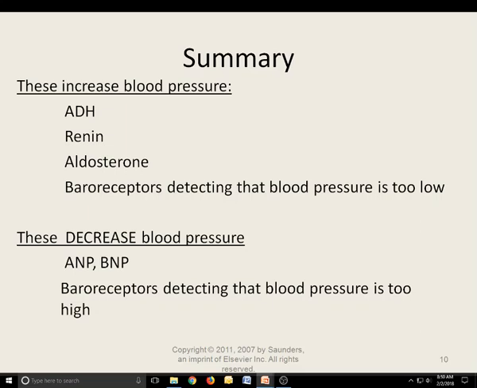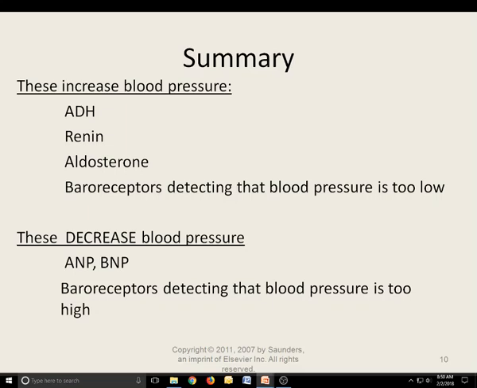and baroreceptors in the carotids, and also there are baroreceptors, I didn't mention this, in the aortic arch as well. So keep in mind that they're not only in the carotid arteries. And those baroreceptors detecting that blood pressure is too low, that ultimately results in the blood pressure being increased.